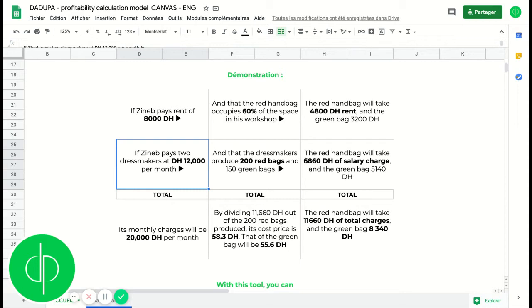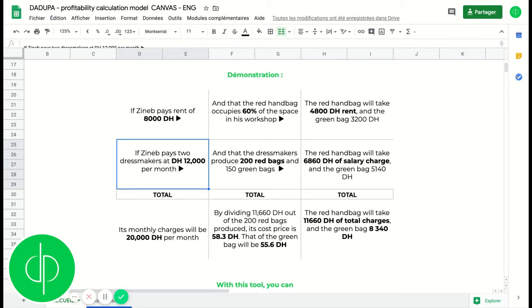So we divide 12,000 by 350 and multiply by the 200 red bags to identify the salary of the red bag, and estimate also the part of the green bag. So 6,800 will remain for the red handbag and 5,000 for the green handbag.